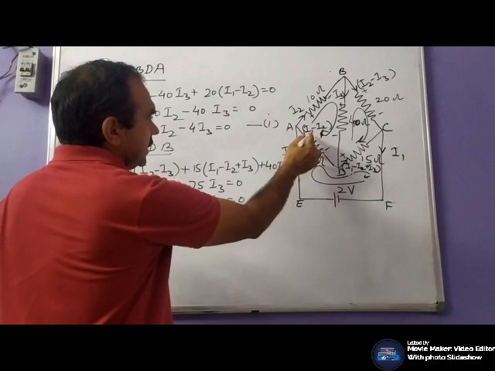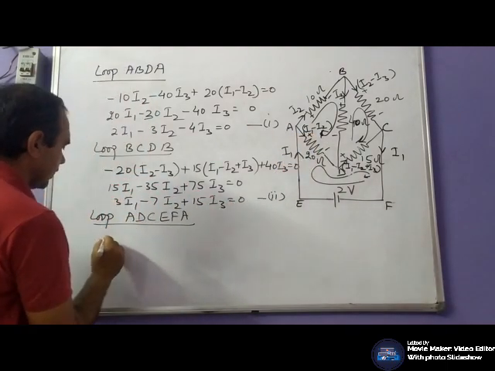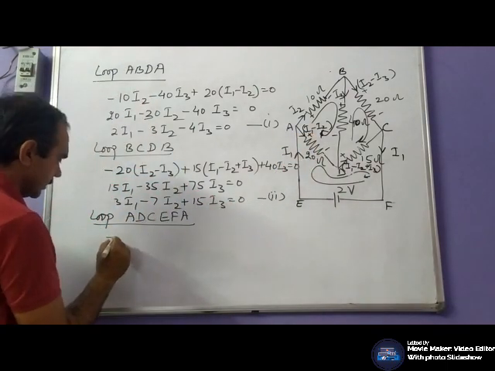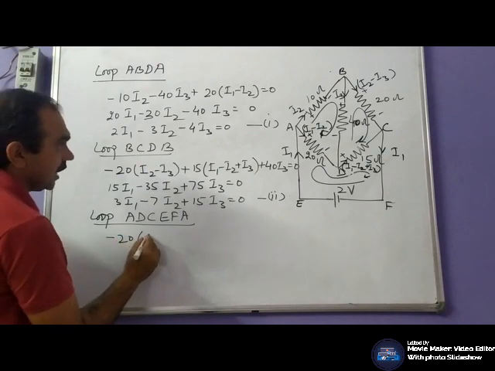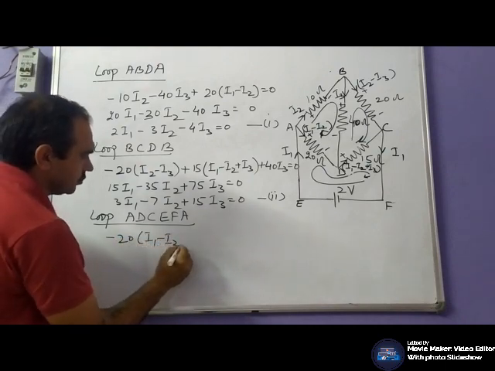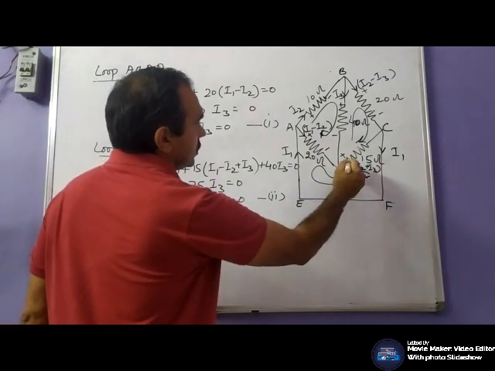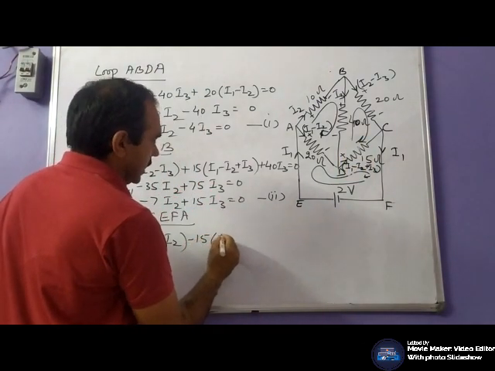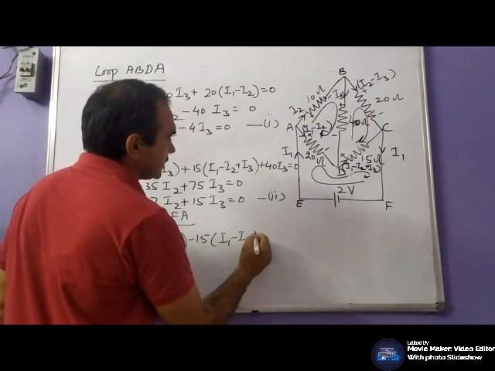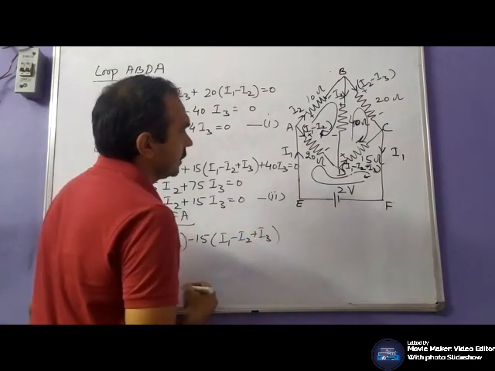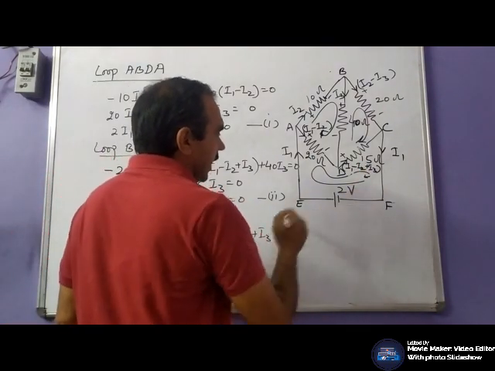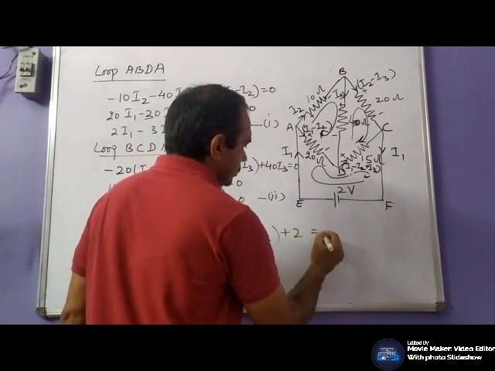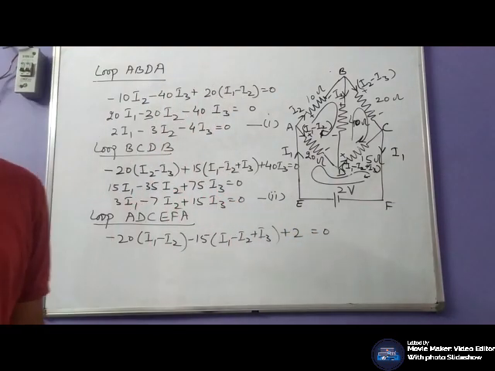Start from here. Minus 20, we are moving from higher to lower. Minus 20 (I1 minus I2), minus 15 (I1 minus I2 plus I3), and lower to higher plus 2 is equal to 0.